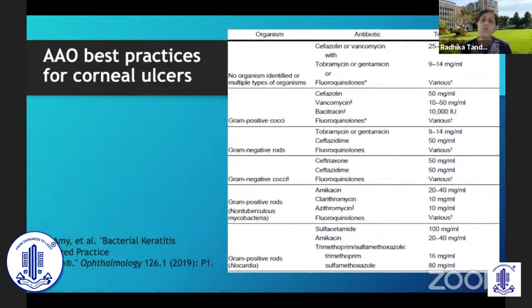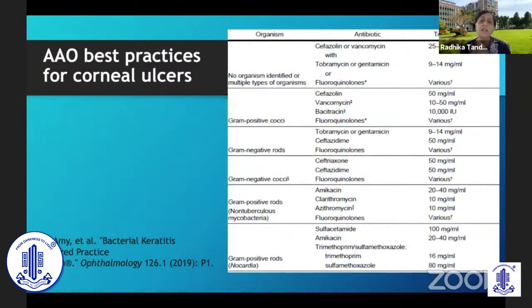So there is a whole host of literature available on different organisms and different antibiotic spectrums. And as you have understood by now, this is going to vary from place to place, country to country, and situation to situation. So largely you need to know, is it bacterial, fungal, viral, or parasitic? If it is bacterial, does it seem to be gram-positive or gram-negative?